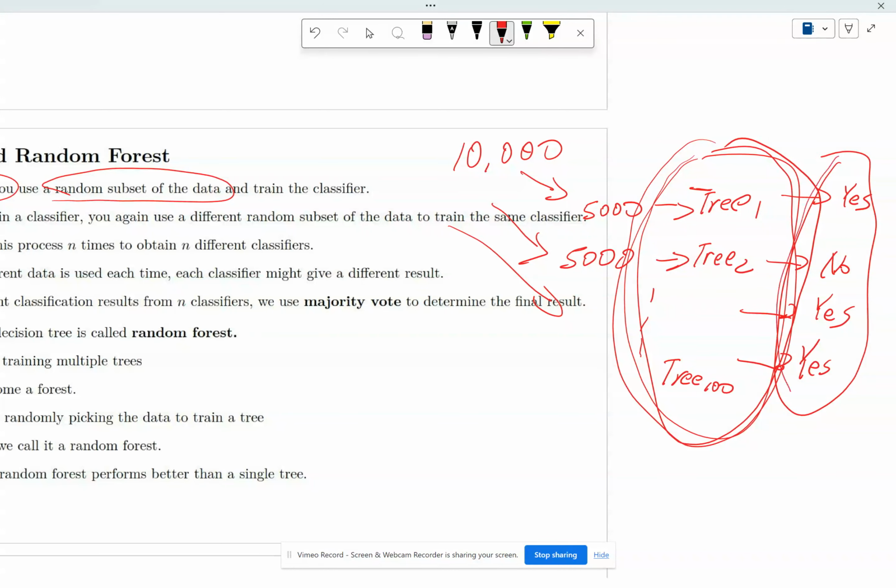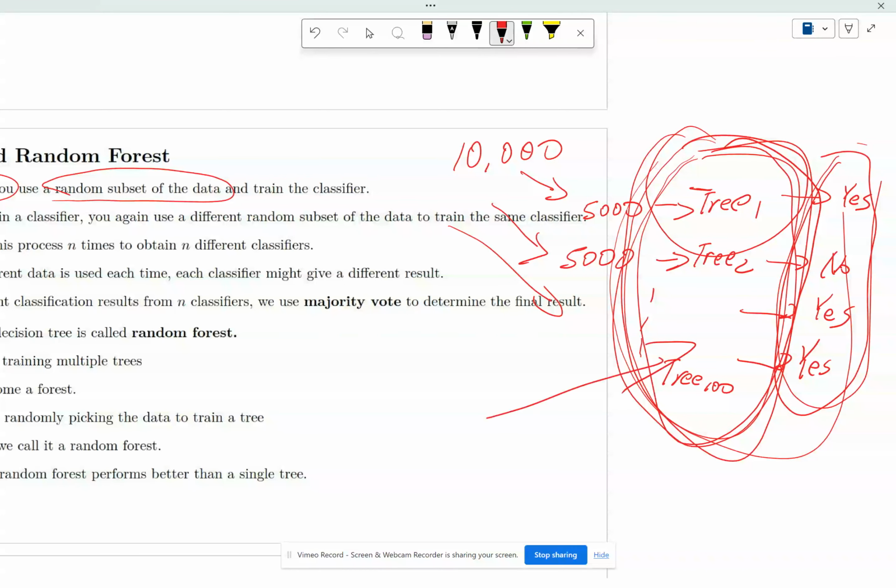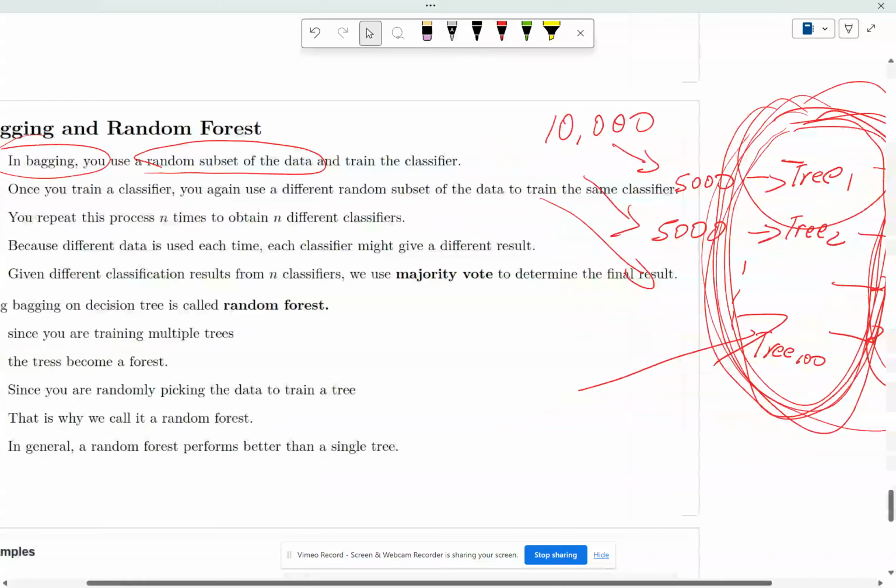This drastically increases the capability of decision trees because instead of just one classifier, you're using maybe 100, and their average result is a lot better than just one tree. Hence, they call this random forest. So it's a whole forest, which kind of makes sense.